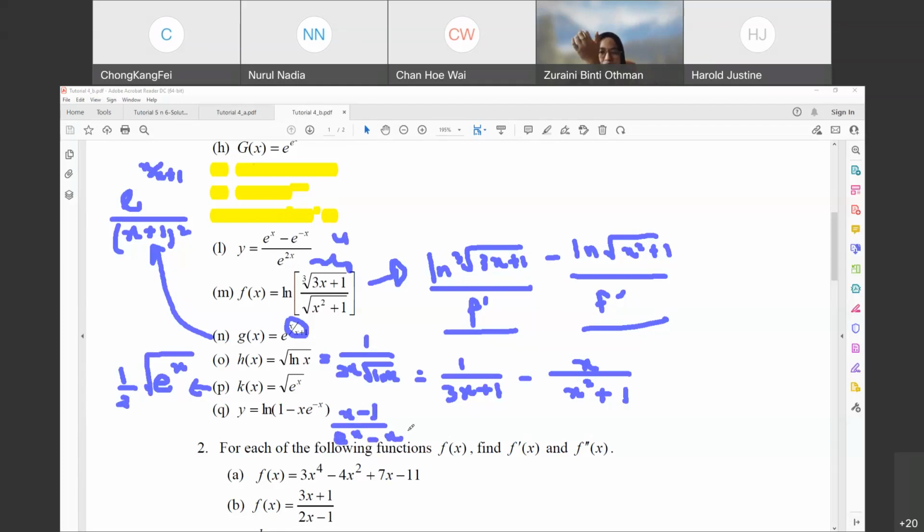This is the final answer. Okay, now I open to you. Ada nak tanya yang mana-mana tak soalan nombor 1 ni? Yang kamu dah buat dan you find that the answer is different from me. If you want to ask, you may ask. I open.